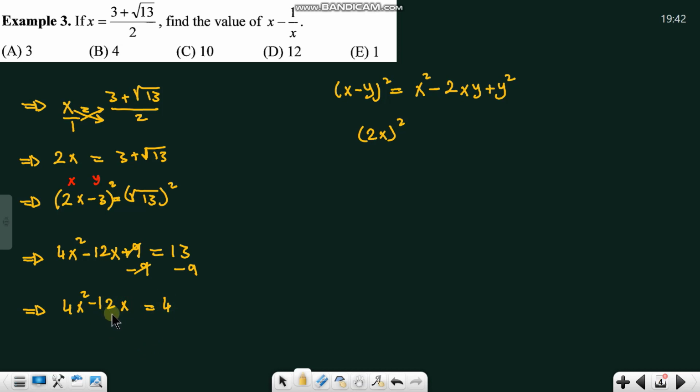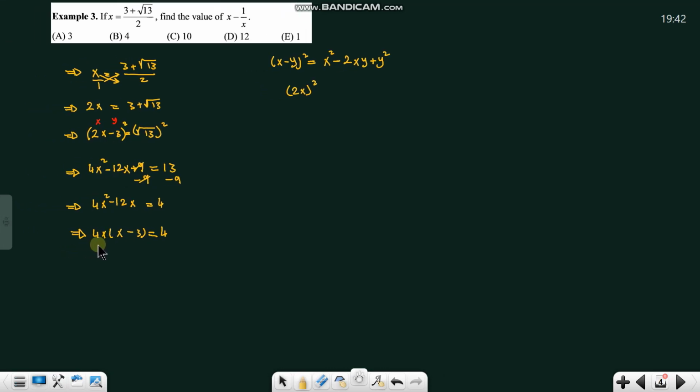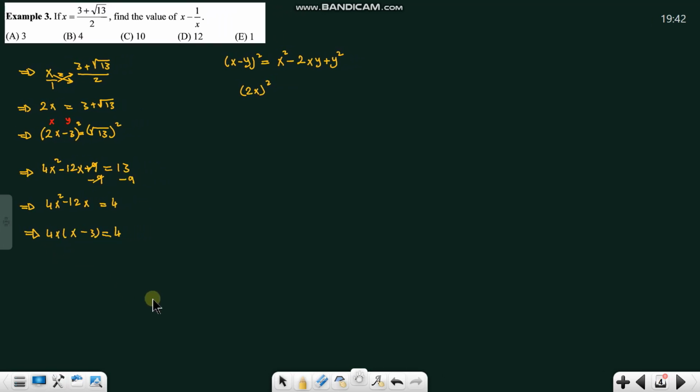Now I will take 4x as a common factor, because it's common between them. So 4x times (x minus 3) equals 4. It's obvious. Now I will divide the whole equation by 4x.